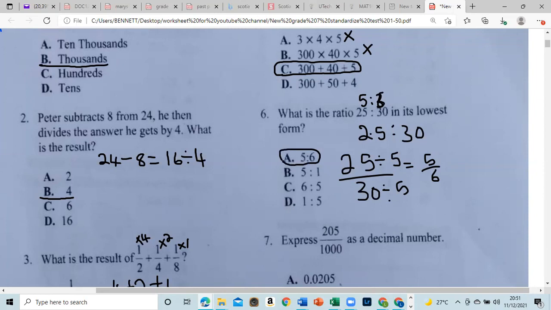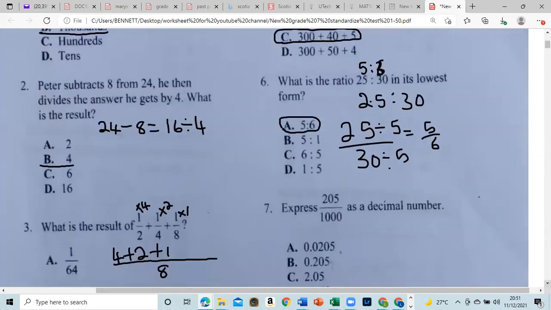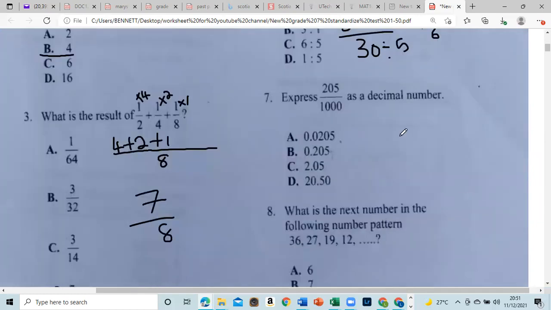All right, it says express 205 divided by 1000 as a decimal number. Now, how I tell my students this: for every natural number, the decimal point is at the right here. When we are dividing by 1000, how will we count the number of zeros? 1, 2, 3, or 10 for that matter, or 100, right?